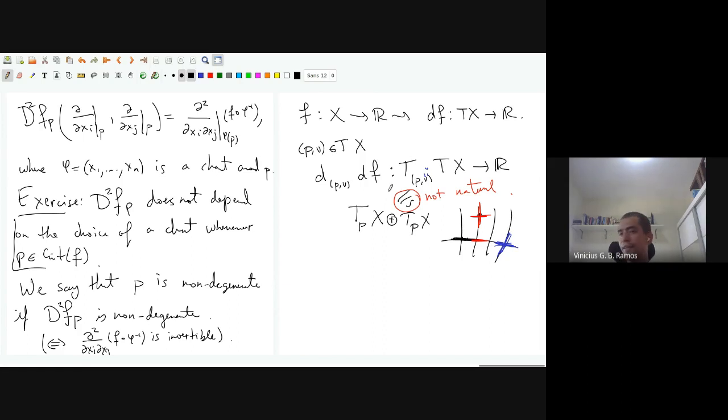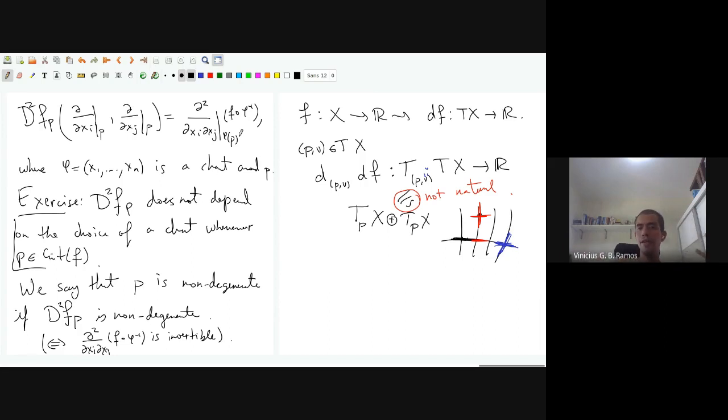There are different ways to say this, but maybe if you don't know what connections are, this is kind of an enigma. Maybe the easiest thing to do is look at this matrix and see what happens when you change coordinates. When you change coordinates, if you're at a critical point, there's going to be some chain rule stuff, and some things are going to cancel, and you're going to have just the way that you're supposed to change matrices if you just change the bases.